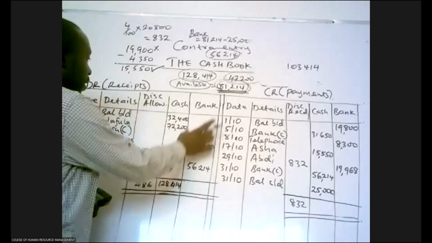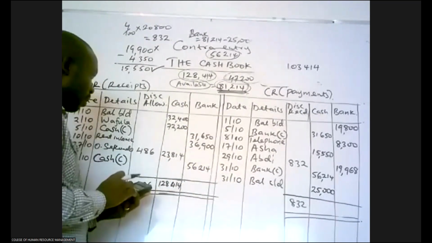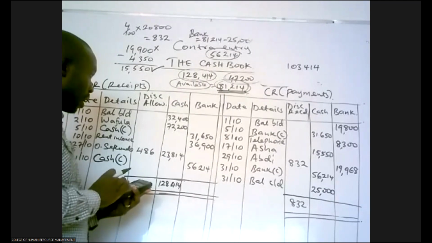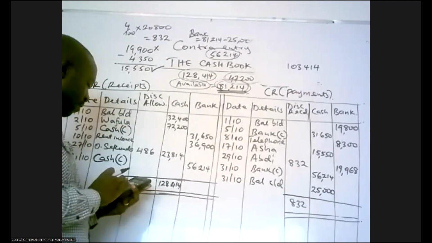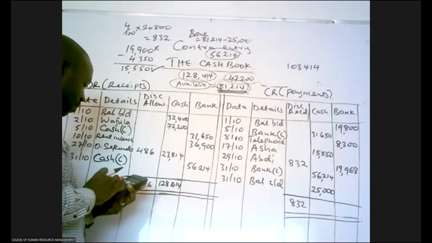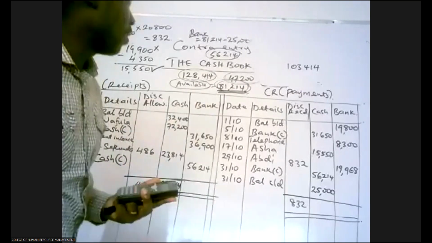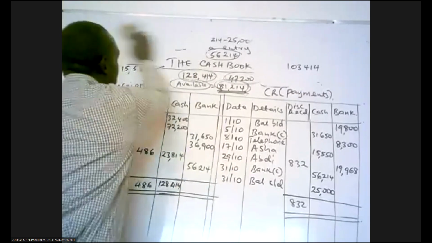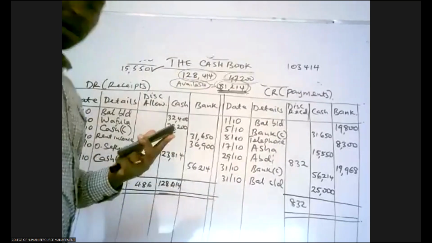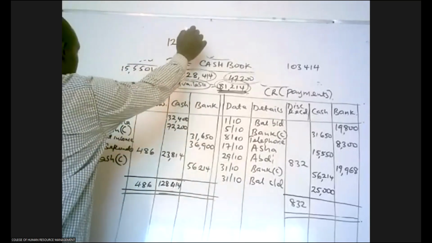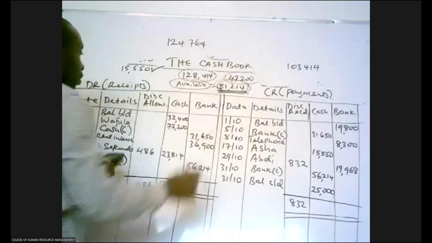Then for the bank, take the total bank receipts. That is 1,650 plus 36,900 plus 56,214. It gives me, let me write it aside so that I can find out whether it is another overdraft. The bank receipt is 124,764.